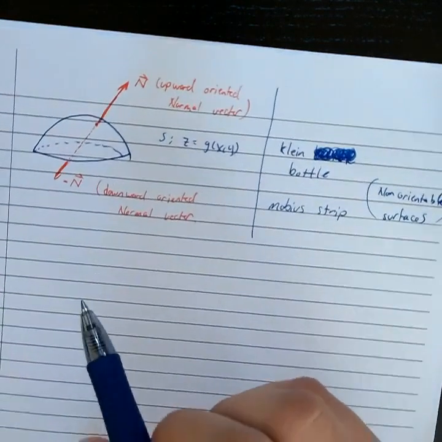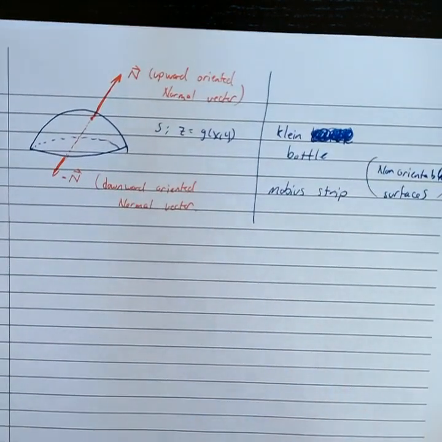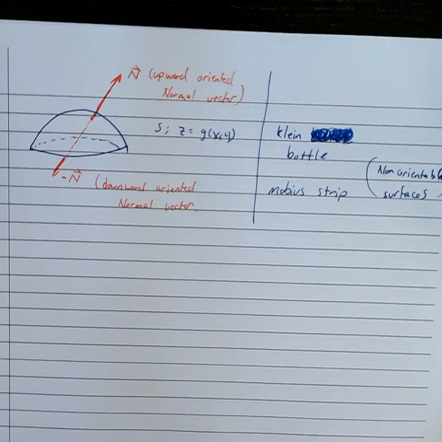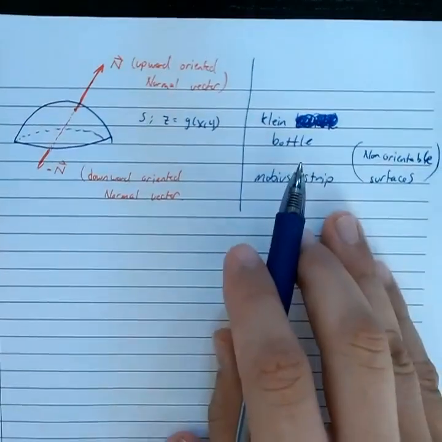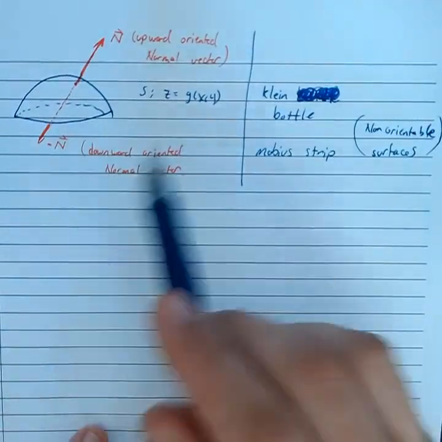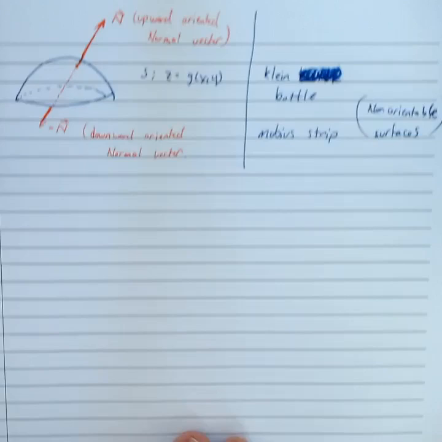For the most part, any surface that you've seen in this class, whether it be a cylinder, a hyperboloid, an ellipsoid, a plane, a curve, a line, all of those things, is orientable, and we won't have any that aren't. But it would be an incomplete description of this stuff if I didn't mention that at least these exist.